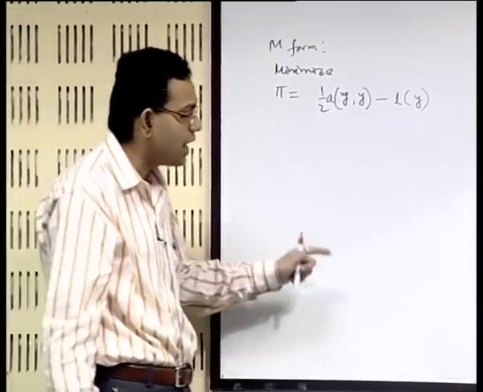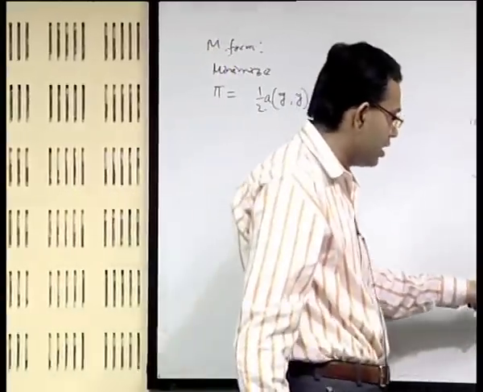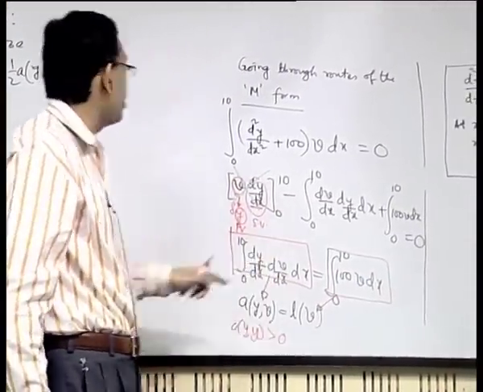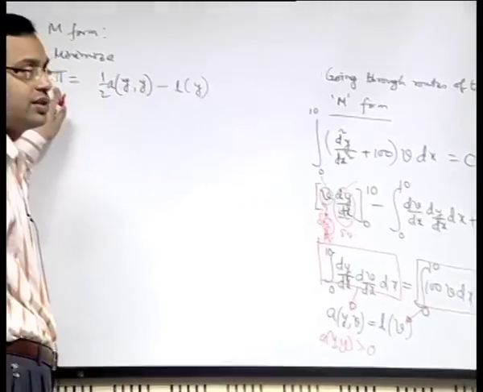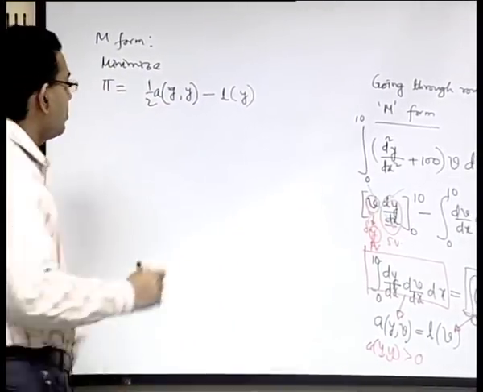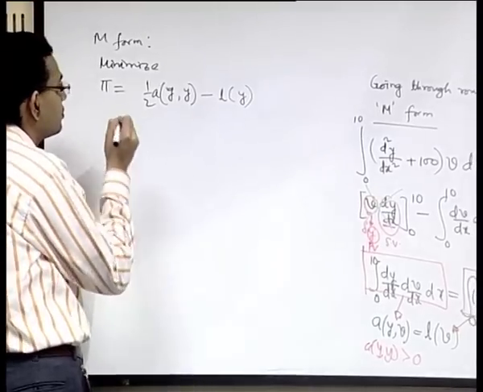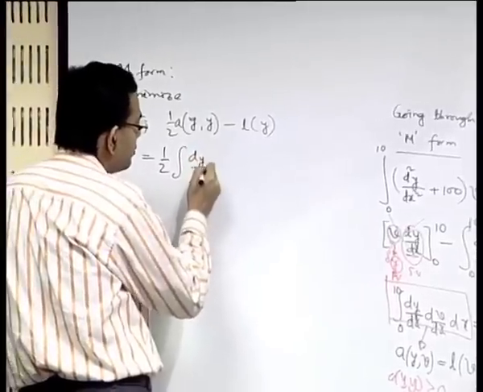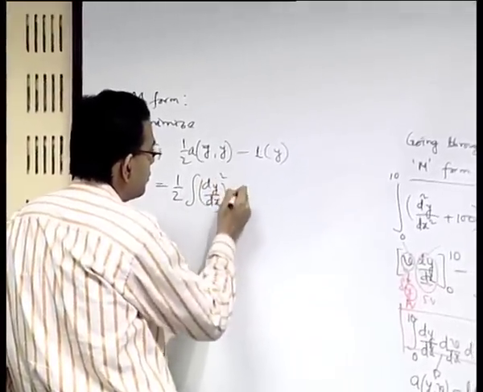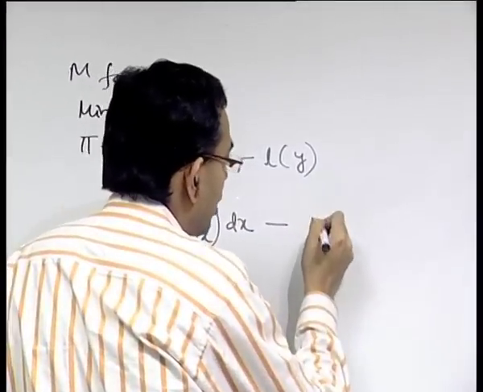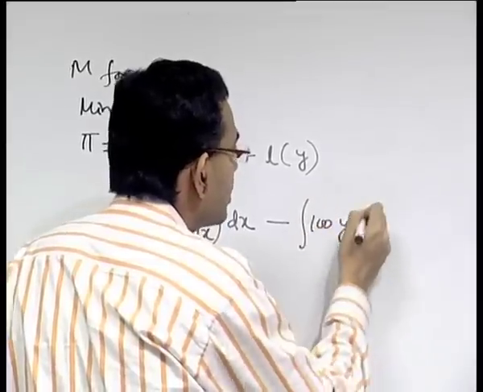It is very easy to derive it straight away from here by substituting v equal to delta y, and it will come out to be delta of this pi equal to 0, that means minimize pi. So, that means minimize half integral of (dy/dx) whole square dx minus integral of 100 y dx.